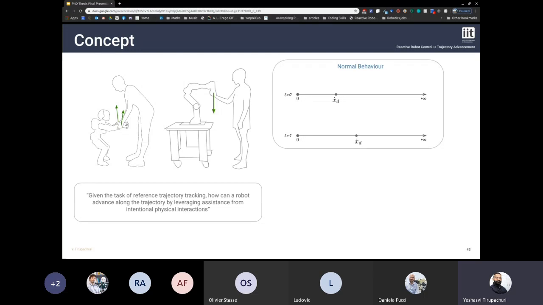But the updated reference velocity concept, which is trajectory advancement, shows that at time instant 0, when an external wrench is applied, if that is a helpful interaction wrench, the robot can actually get an updated reference for the next timestamp.